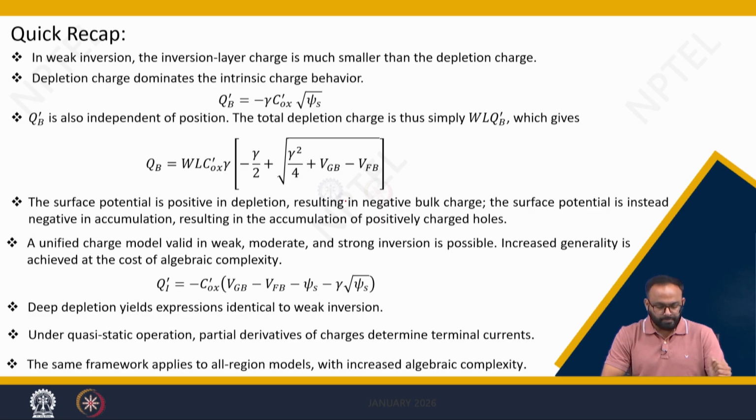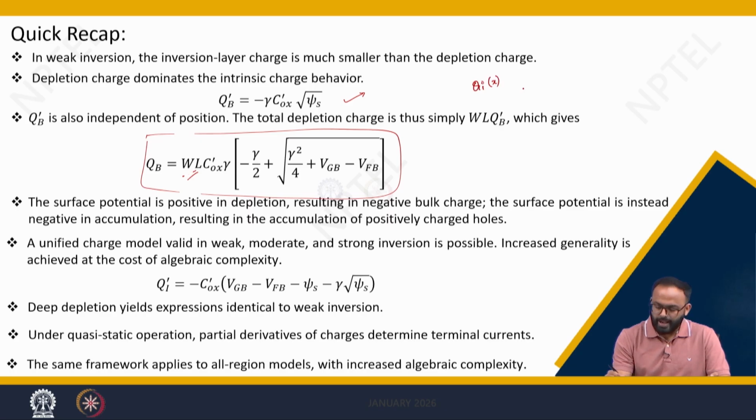Let's do a quick recap. In the previous lecture, we said that in weak inversion, the inversion charge is much smaller than the depletion charge, and the depletion charge will not vary with position, and hence the depletion charge can be simply calculated by multiplying W into L, whereas the inversion charge depends on x as Qi0 dash plus x divided by L into (QiL dash minus Qi0 dash), and by a simple integration we can get the complete charge, that is W times the integral from 0 to L of Qi dash dx.